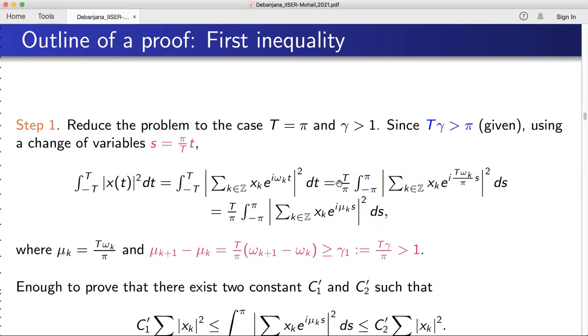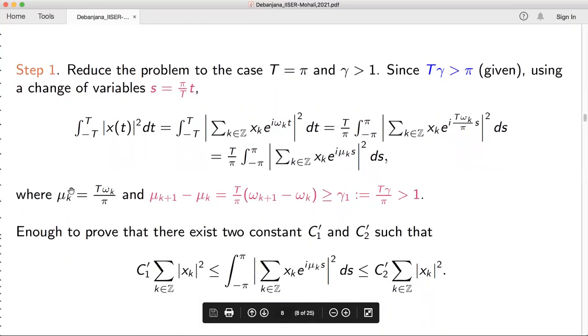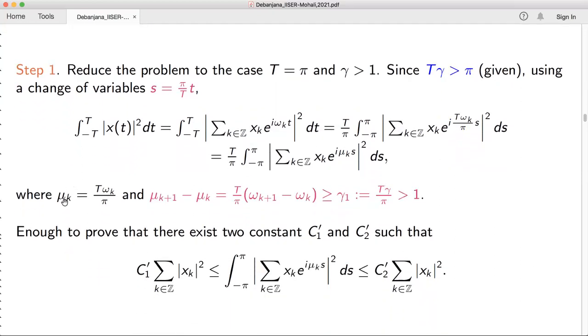When you do the change of variable, you will get some coefficient thrown out, which is fine, but your exponential also will change. It is multiplied by capital T by pi. So I rename the exponents as mu_k, which is equal to T omega_k by pi.